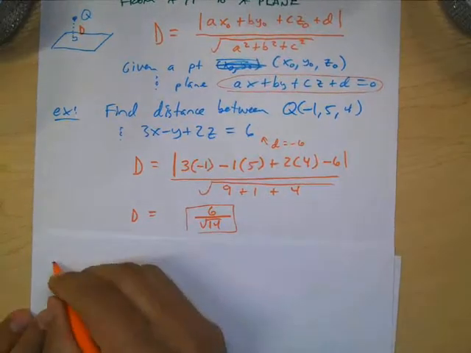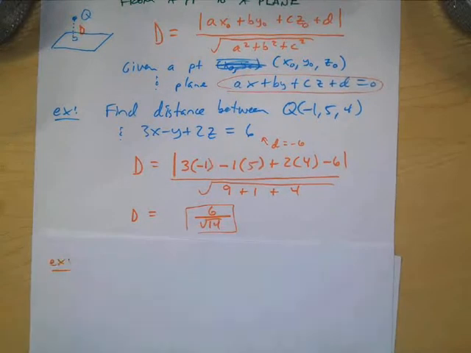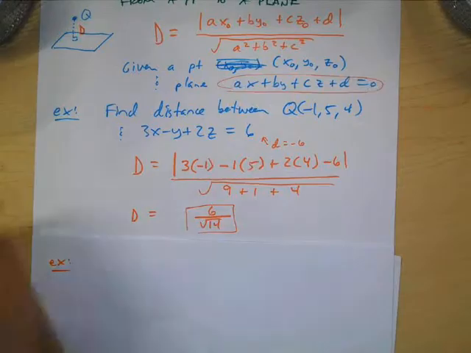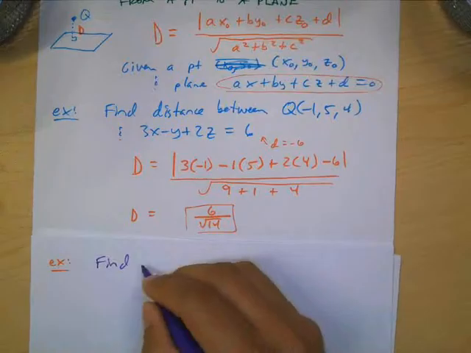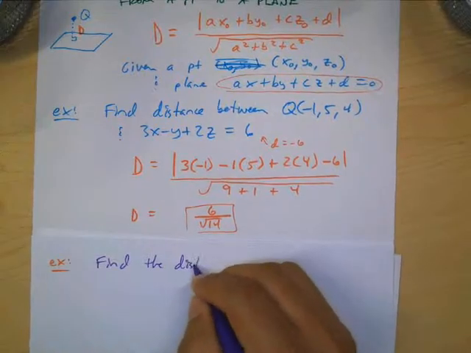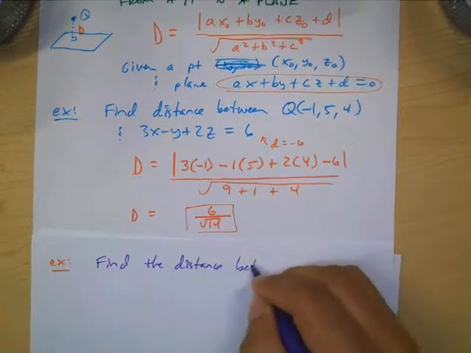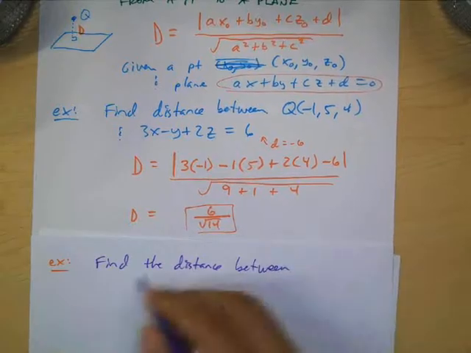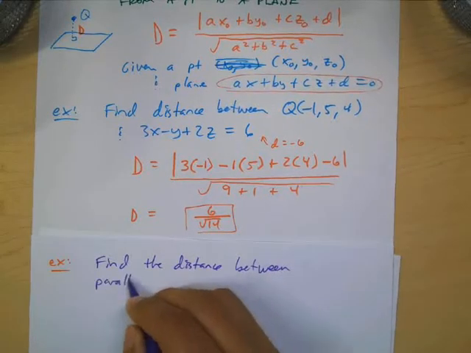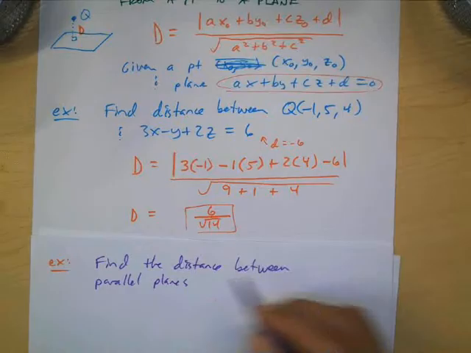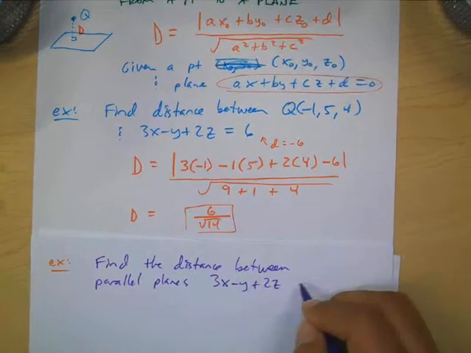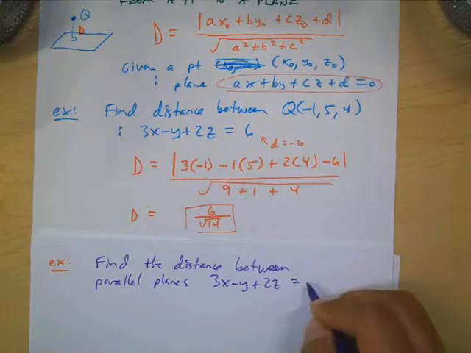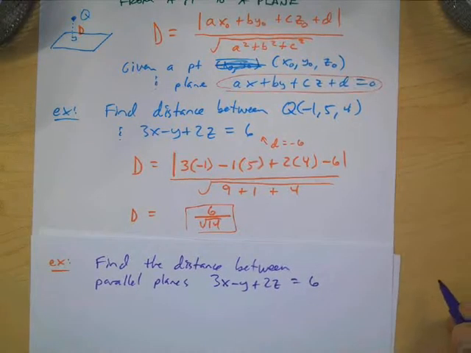So the next example, let's do find the distance between parallel planes 3x minus y plus 2z equals 6, so same as before.